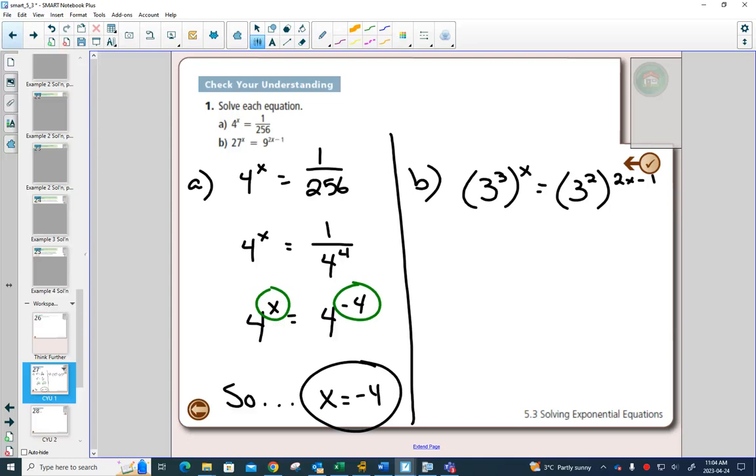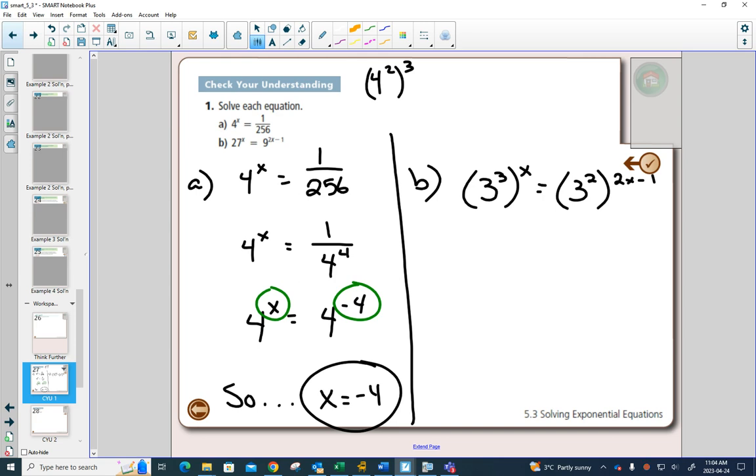If you forget some of your power laws, the best way to remember a power law is to take a simple example and just figure it out. For example, if I took 4 squared cubed, should I add? Should I multiply? Should I subtract? Well, think about, what does cubing mean? Cubing means repeated multiplication.